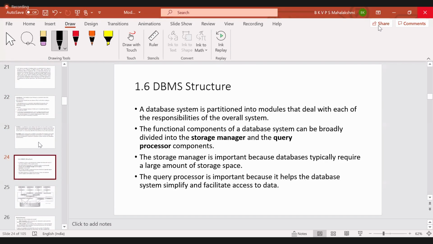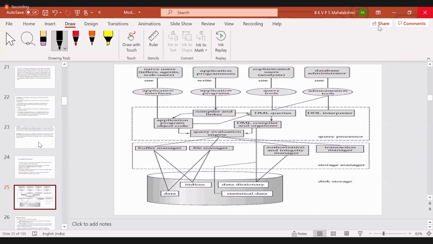See, just go through this diagram and through each and every part of it. Storage manager is one part, query processor is one more part. In each part, go through every component, its definition, and just know the responsibilities. And sometimes the 2 marks questions will be like: list out any of the applications of DBMS, and sometimes what is the difference between data and information.